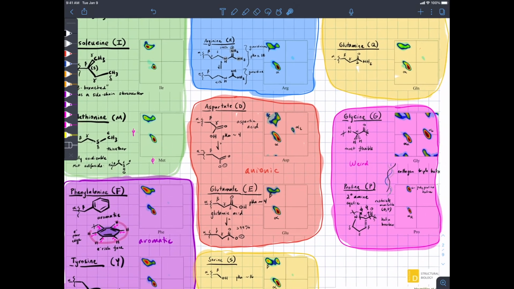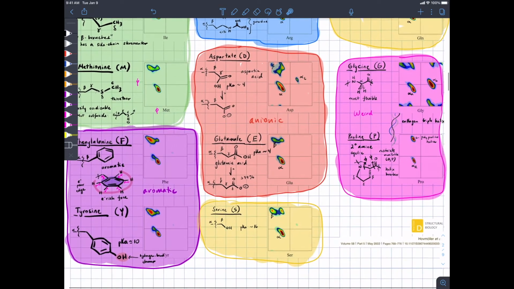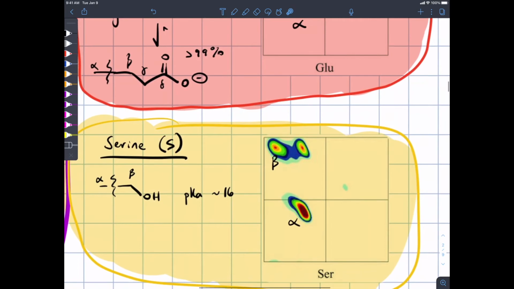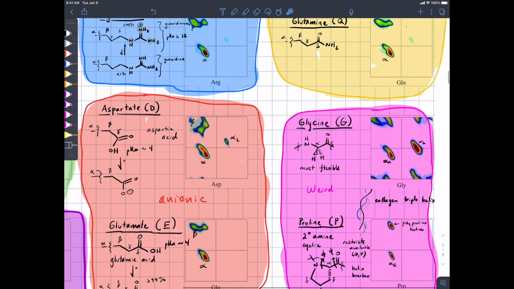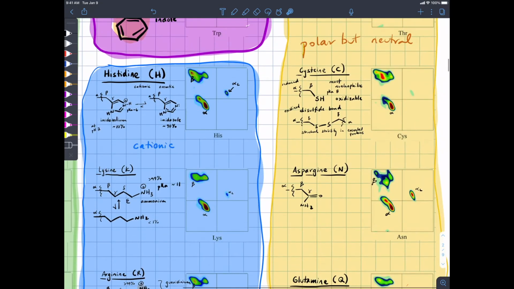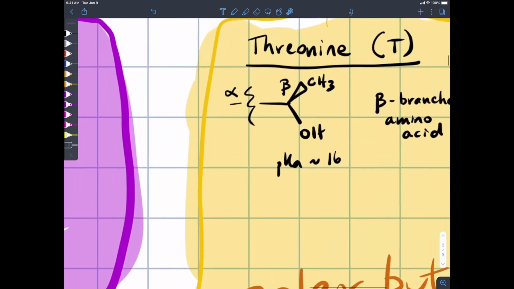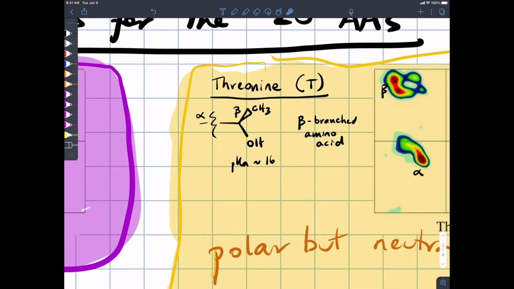Okay, the polar ones that are neutral, you have serine, which is like alanine with an OH group. Then you have threonine, which is like serine but has an extra methyl group. Threonine is our third and final beta branched amino acid, meaning that you have a branch point, and it's kind of like valine, only this is an OH group.